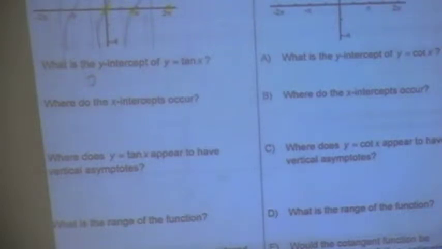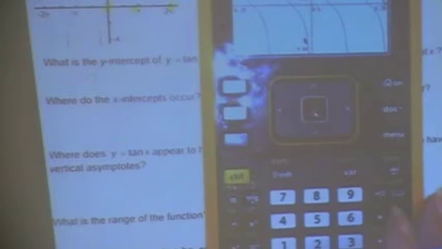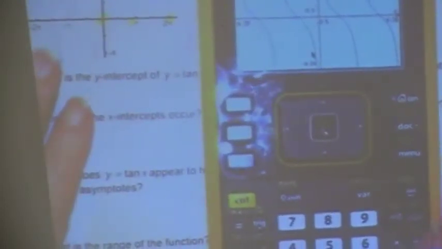If for some reason your calculator is not the same as theirs, remember you can hit menu and zoom 4 and then 8, zoom trig. It's zoom 7 on the 84 if you have that.